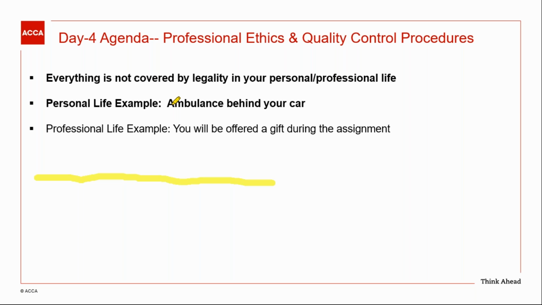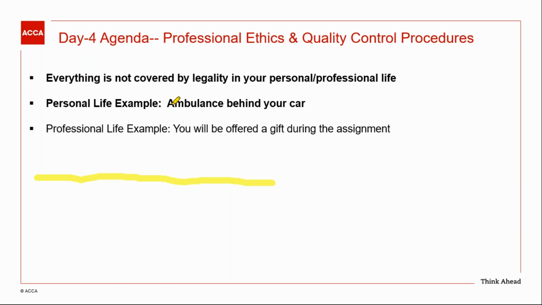So what you did, you took an ethical decision. That's why you broke the signal. Even though the red light is showing, you break the signal for someone's life. You break the signal to save someone's life which was at risk. So this is the ethical decision.